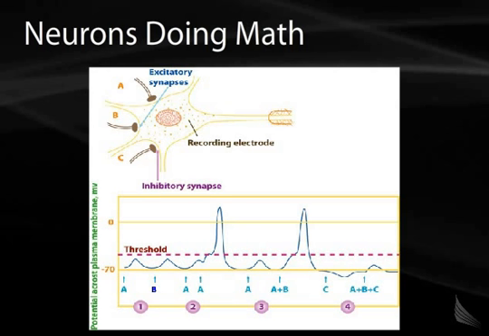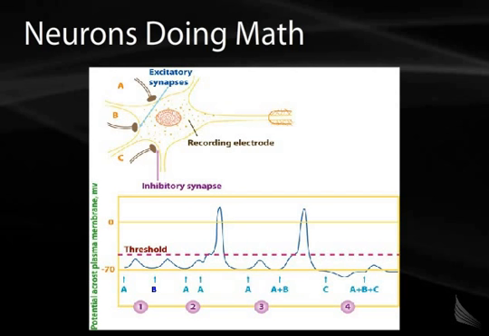Finally, if you were to activate synapse C, one will get a hyperpolarization, an IPSP. And so if one were to activate A plus B plus C together, one is left with a small potential which is not big enough to cause an action potential. This is interesting because when A and B were stimulated together, they were big enough to cause an action potential.